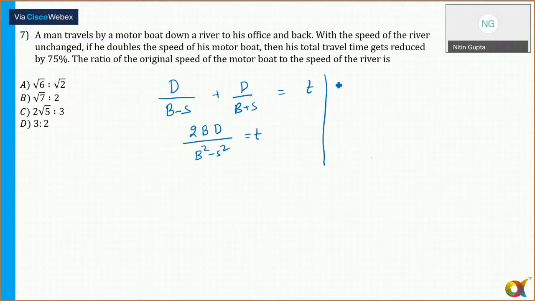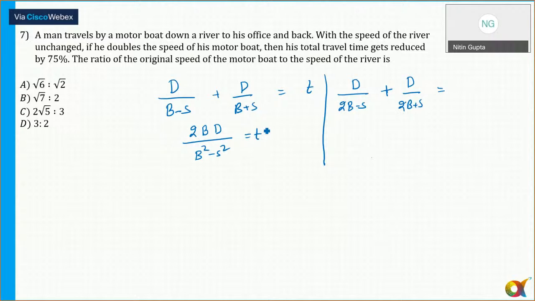Now, in the second scenario, what is happening here? In the second scenario, it says he doubles his motorboat speed, so D upon 2B minus S and then plus D upon 2B plus S, downstream time and upstream time, and that is equal to total time. Then his total traveling time gets reduced by 75%. So 75%.